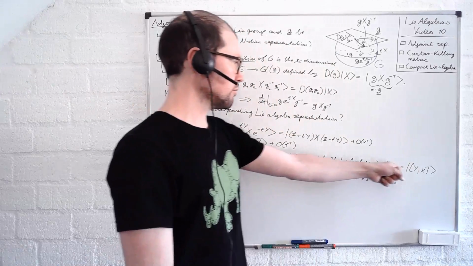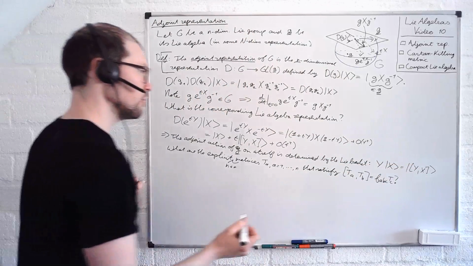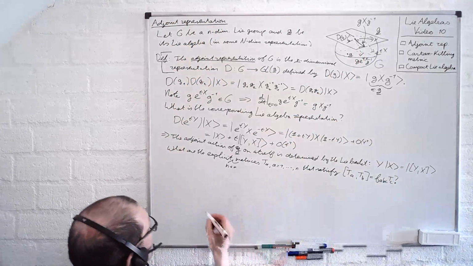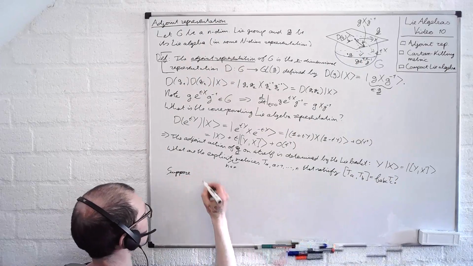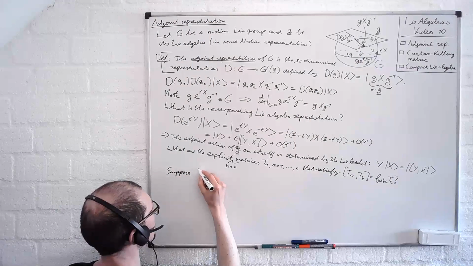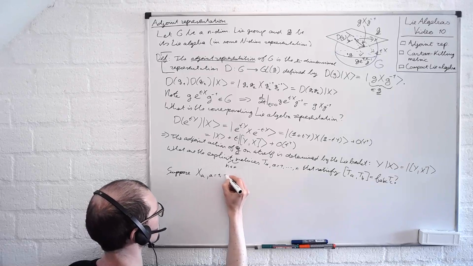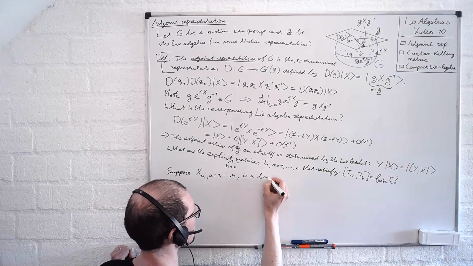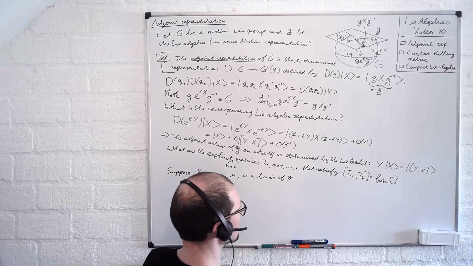But this we can determine from the abstract definition quite easily. So for this we first have to choose a basis of the Lie algebra. So suppose X_A, A equals 1 up to n, is a basis of generators of the Lie algebra.